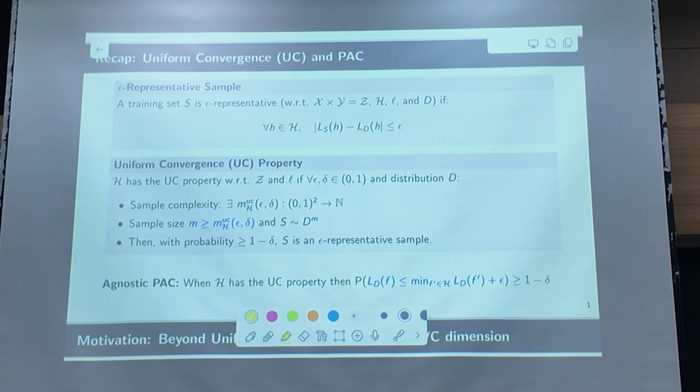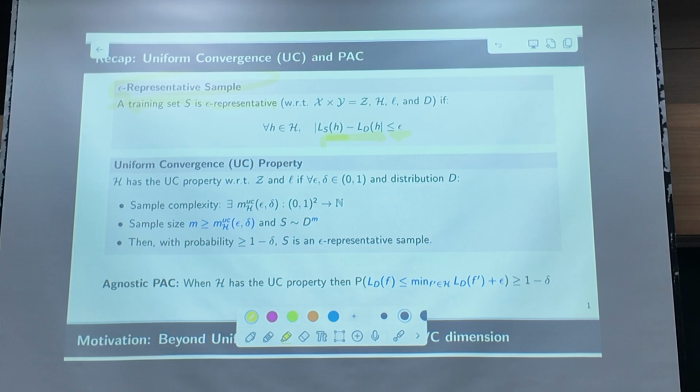In order to understand uniform convergence for the non-realizable case, we first have to know what epsilon representative samples are. Those are the samples where the training error and the test error are very close, less than epsilon. This is a property of the training data.